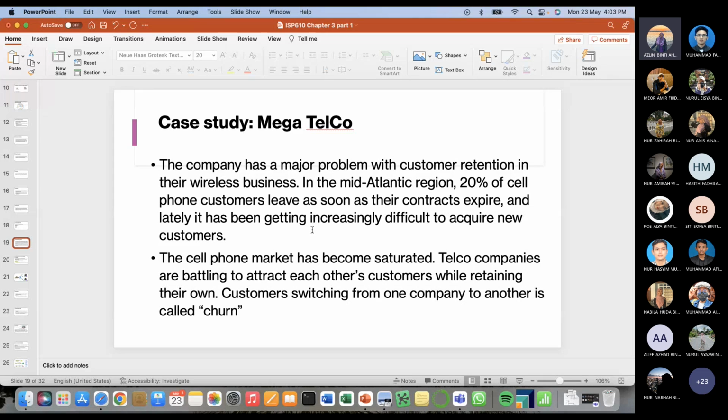And they said that it is difficult to acquire new customers. So they tried to do some surveys or give some offers to the customers, and they would like to know what insights they can get from the 6 tasks that we shortlisted just now. The cell phone market has been saturated. And customer switching from one company to another is called churn.